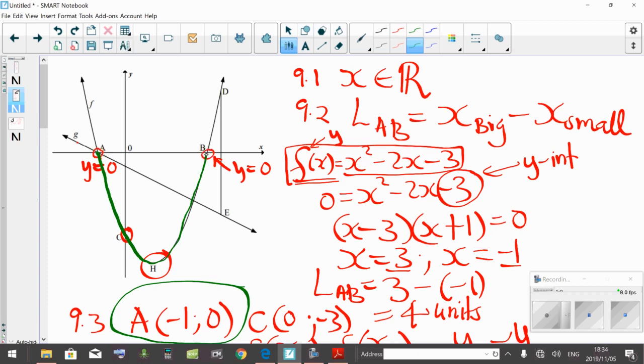Now I'm looking at g. G is also negative because it is below the x-axis. In fact, g is below the x-axis up to positive infinity, starting from A. Now the question is, where do the two intervals meet? When are they both below the x-axis?